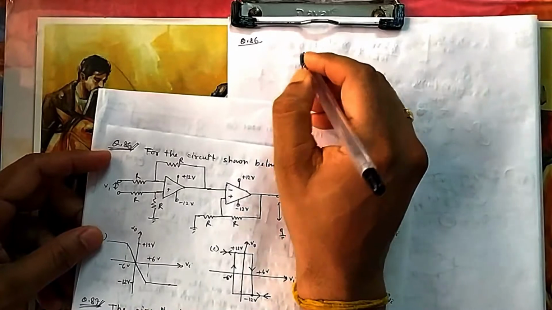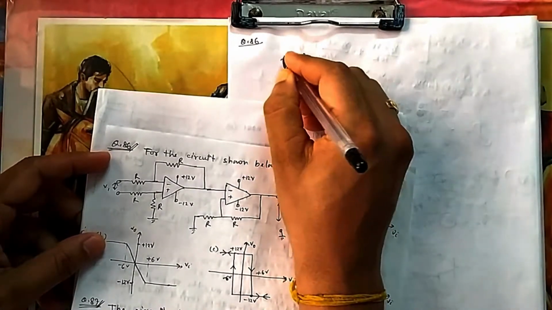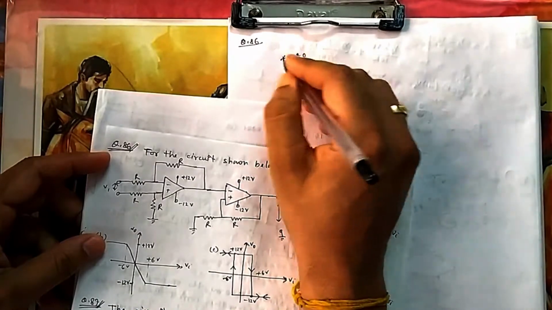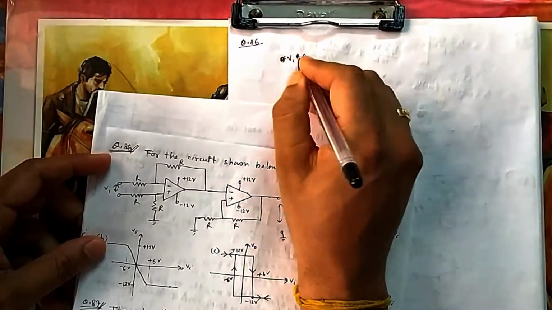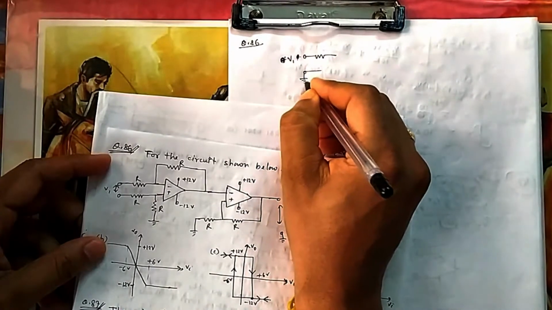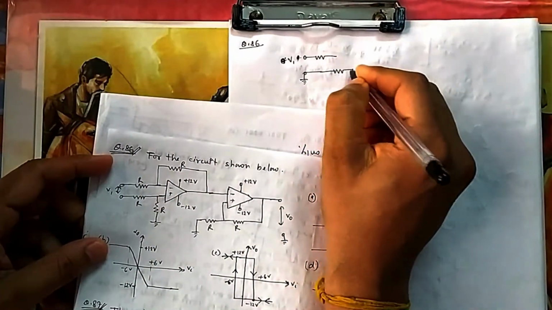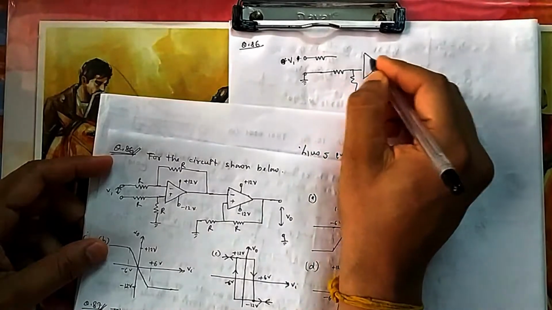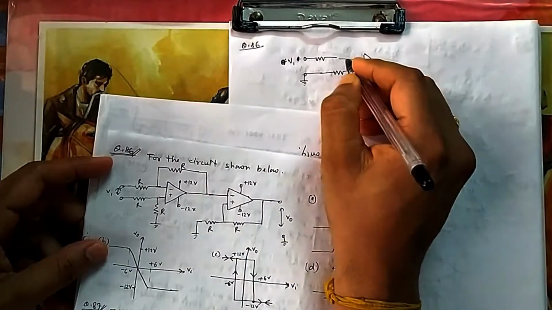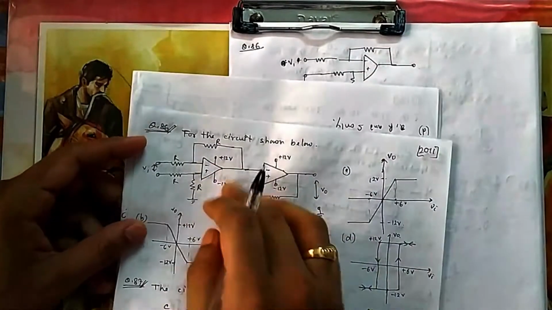So let us give a V1 only, and this we will make ground. So with reference to this, it is V1. No need to think about where V1 we will put it. Okay, this is my output, the first one.